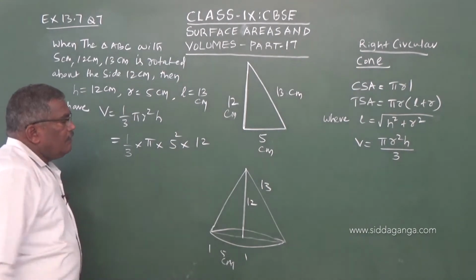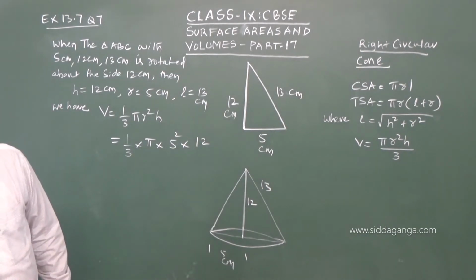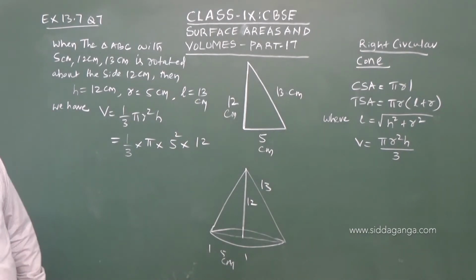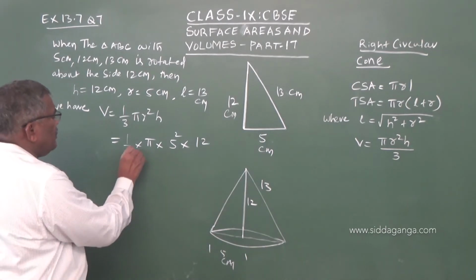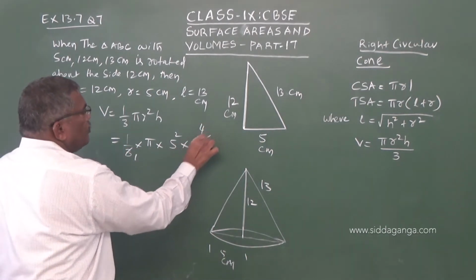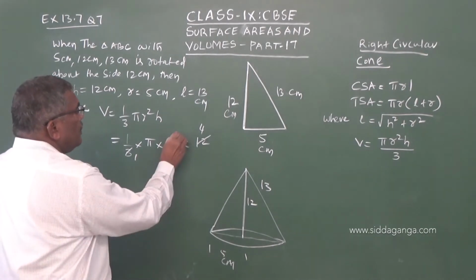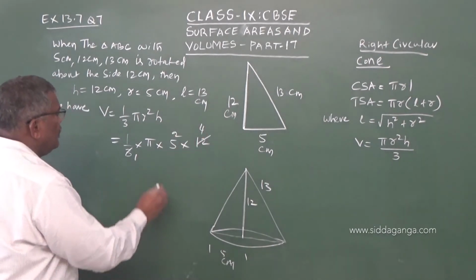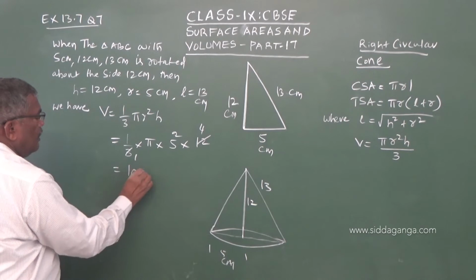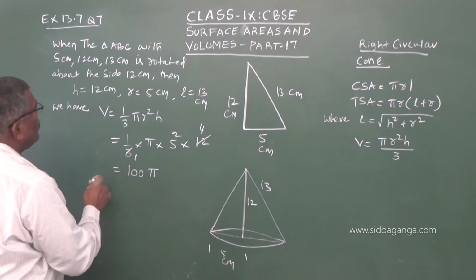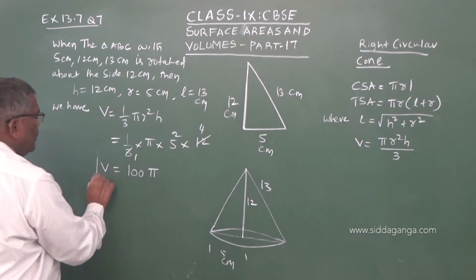So 25 into 12. 3 fours are 12, so 25 into 4 is 100. You will get 100 pi. We can keep it as it is. Volume is 100 pi.